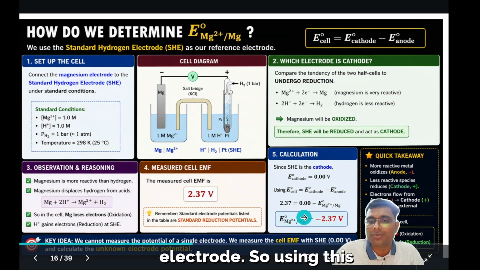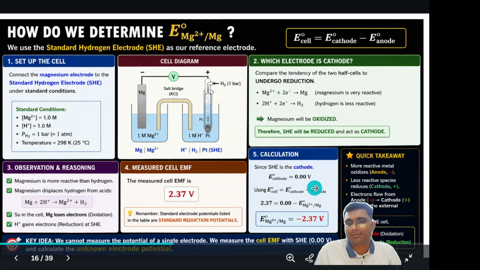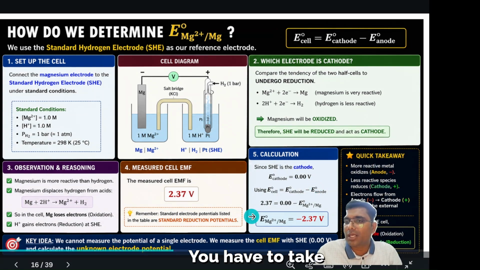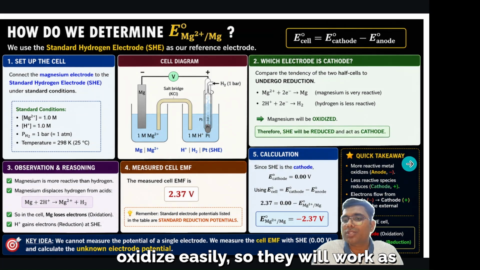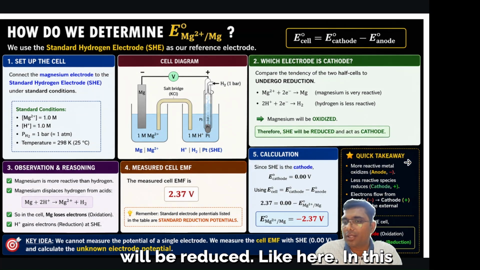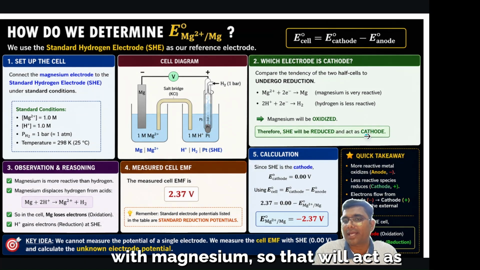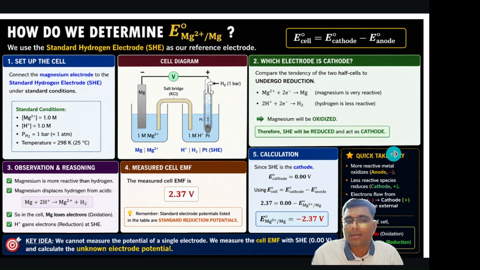Using this, we get the standard electrode potential of magnesium. You have to take care of this: more reactive metals oxidize easily, so they work as anode. The less reactive ones will be reduced, like here hydrogen when we compare with magnesium, so that will act as cathode.